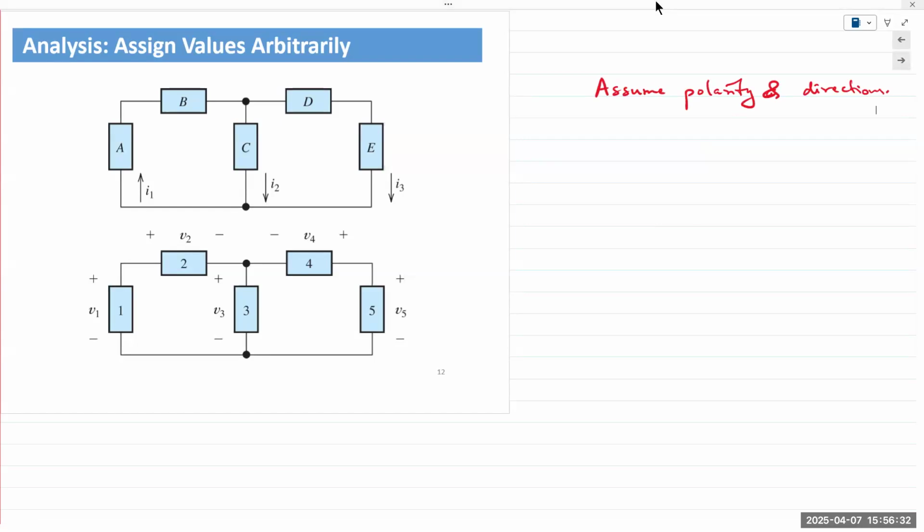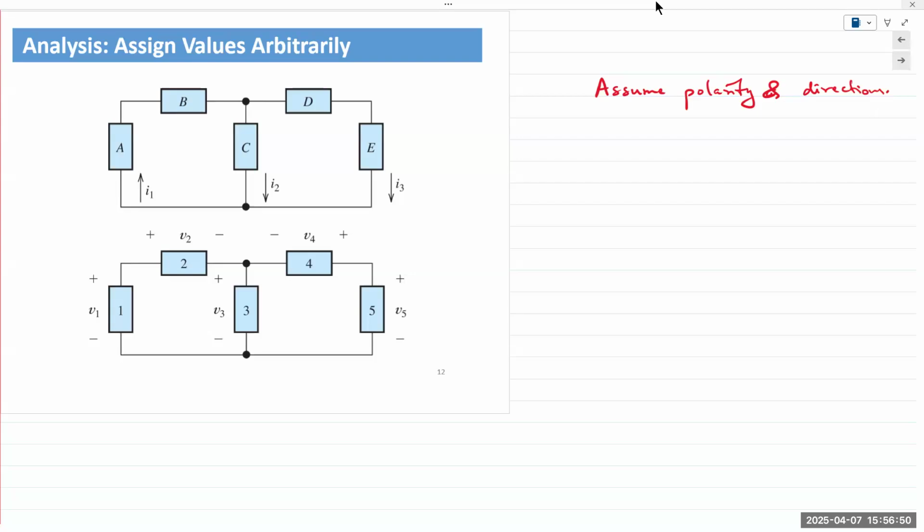If we have a voltage source or a current source in a circuit, the polarity of the source is given to us, the direction of the current source is given to us. So we know which direction the current should move. Okay. So we'll make an assumption and then we'll start with our analysis.